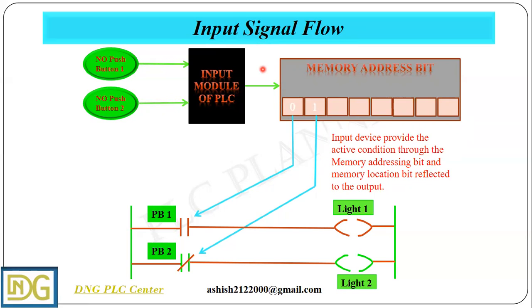That's for the first rung. And then the second rung is normally closed, so our memory bit will be 1, and then the output will also be 1. So when we press PB2, our memory bit will be 0, and the output will be 0. Yes, great.